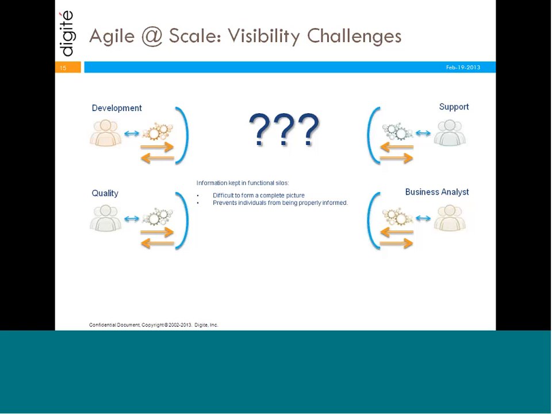Therefore, they again force manual methods of communication between these functions, even though they are fully automated within their own silos. So not only are the individual users in each of these functions not able to stay informed of what their peers are doing in the other functions, but it also becomes difficult to roll up information to management level, so that as a manager or as an executive, I'm able to manage my overall development across all the functions, and can make decisions which are based off of complete visibility across all the functions that I have or that I'm managing.